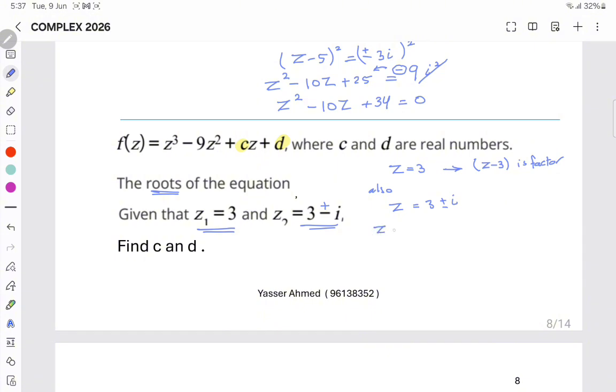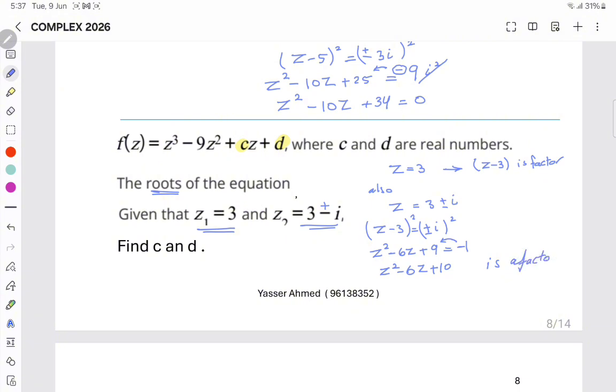So it will be z minus 3 is equal positive or negative i. Squared both sides. So it will be z squared, first times second times 2, second squared positive 9, is equal. Positive or negative squared, it's positive, and i squared, it will be negative 1. Shifting that to other side, so the quadratic equation here, z squared minus 6z plus 9 plus 1, it will be positive 10, is a factor.